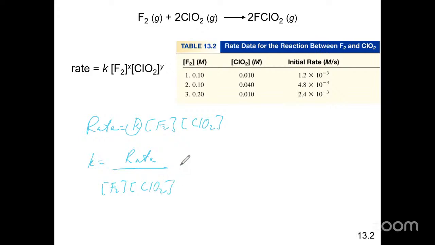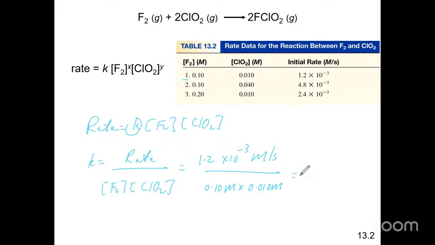And then all we have to do from here is choose any one of these 3 sets of data to plug in their respective values into this equation to get k. It doesn't matter which one, right? So I'm just going to use the first set of data, right? Rate is equal to 1.2 times 10 to the minus 3 M per s divided by, for fluorine, that's 0.10 M multiplied by, for ClO2, 0.010 M. And let's see what that gives. 1.2 times 10 to the minus 3 divided by 0.1 divided by 0.01 equals.